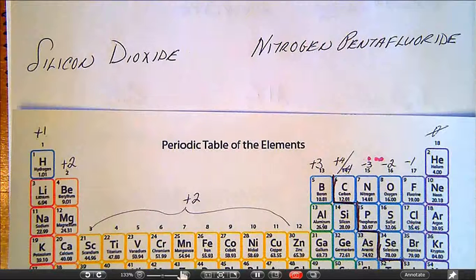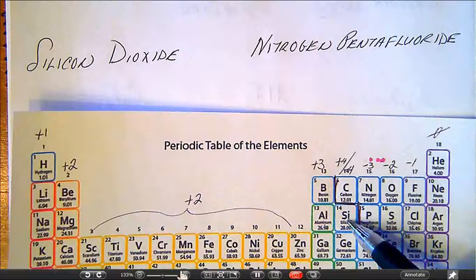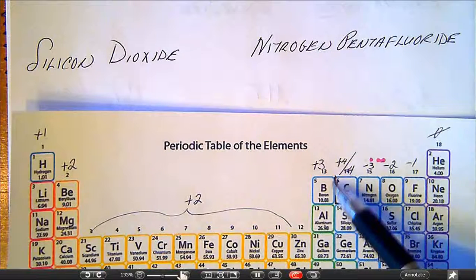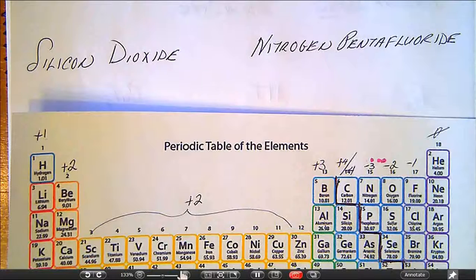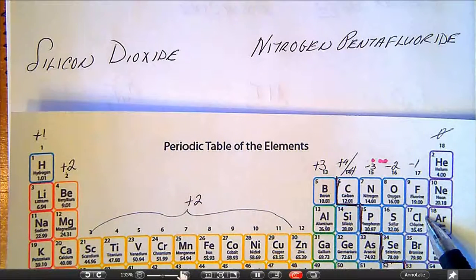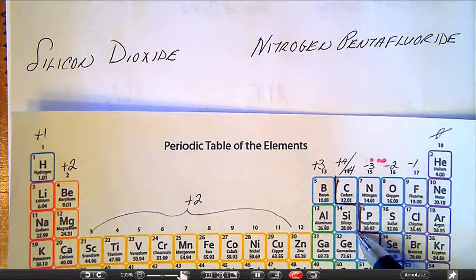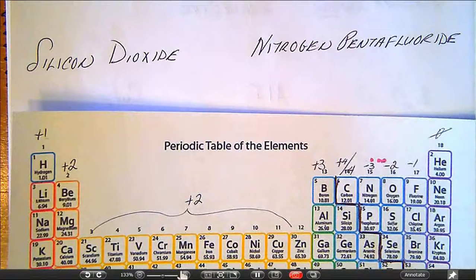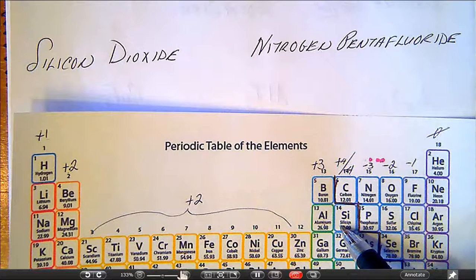Our first example is silicon dioxide. Now if you look, silicon is on the left side of the line that designates the metalloids, and I told you that anything to the right of that is a nonmetal. Silicon is a part of the metalloid group, which means it can be a metal or a nonmetal depending on the situation.